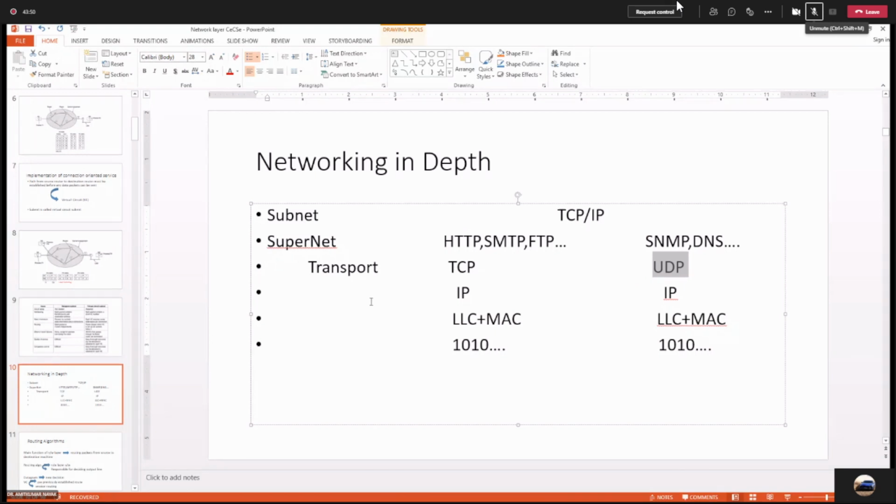Now, HTTP to TCP communication and SNMP to UDP communication, is this communication required or not? Yes or no? Just consider that I have typed google.com. In that case, I am using HTTP at the application layer.